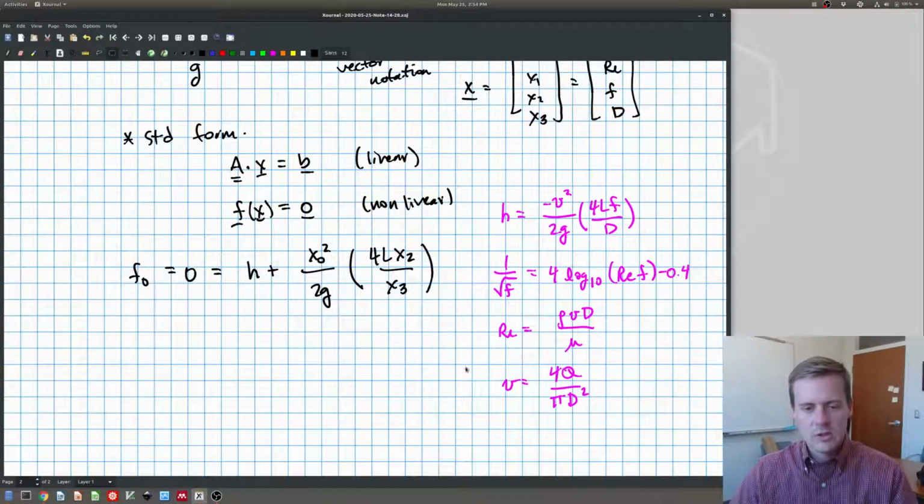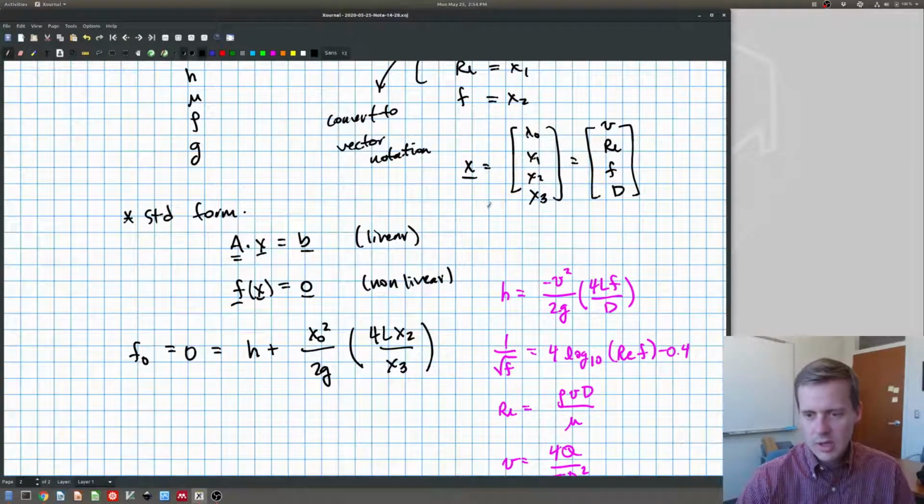All right, look at this. I had a minus v squared right there, so this v is x0. Then 4lf, where f was x2, and d was x3. But all the other pieces in here at the end should just be knowns.